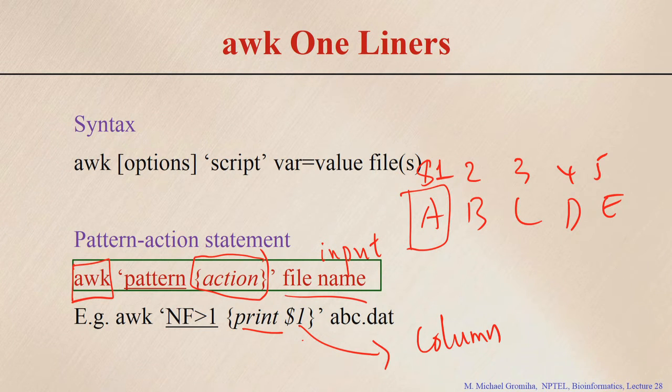Here it says just print this input file. Here the input file is abc.date. So it considers the condition NF greater than 1. I will explain what this is. It will check this condition in the file abc.date, and if it satisfies the condition, then it will print the first column. This is the syntax for this pattern-action statement, that is the awk.